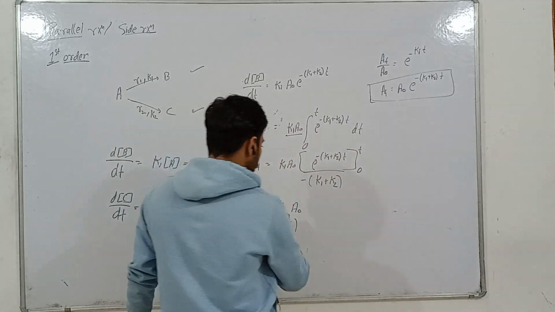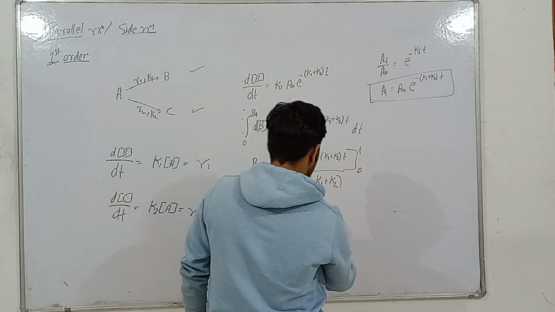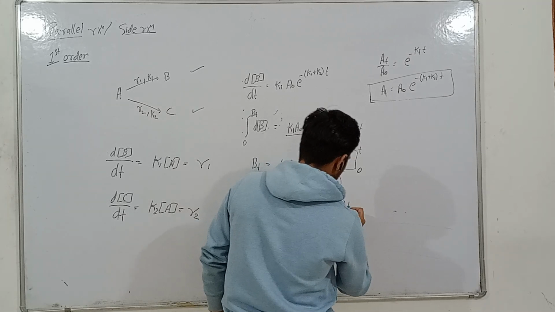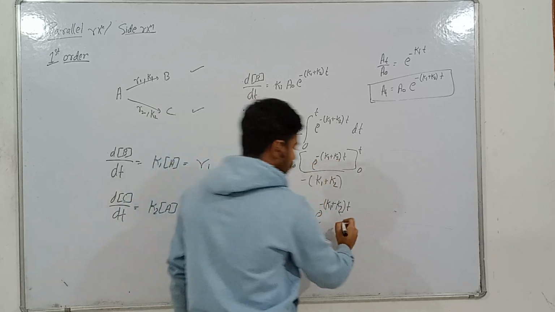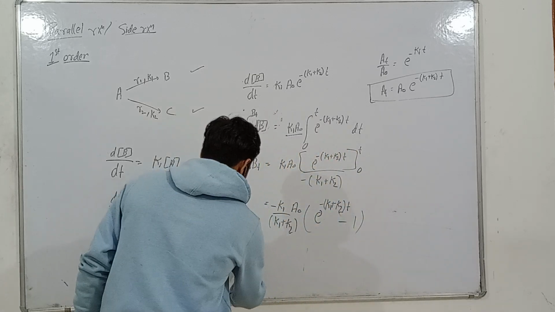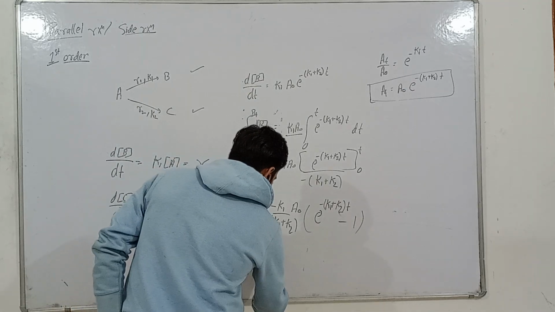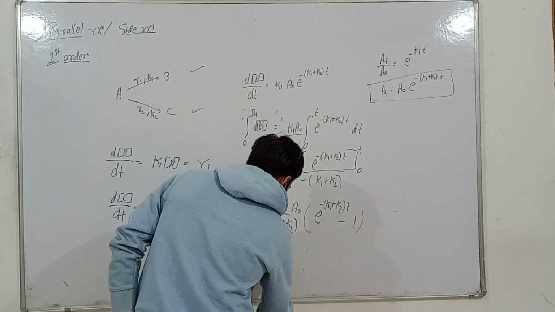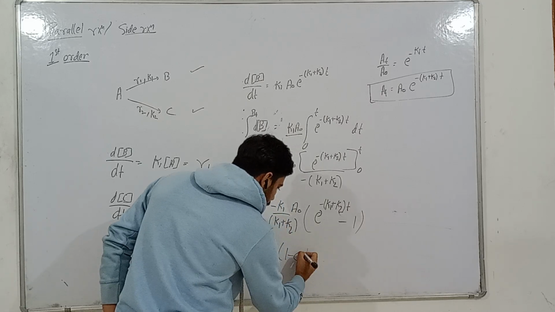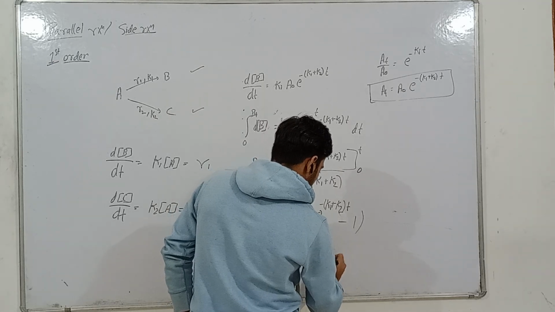Putting the upper limit gives e to the power minus of K1 plus K2 into t, and the lower limit gives e to the power 0, which equals 1. So the concentration of B at any time t equals K1 into A naught upon K1 plus K2 into 1 minus e to the power minus of K1 plus K2 into t.